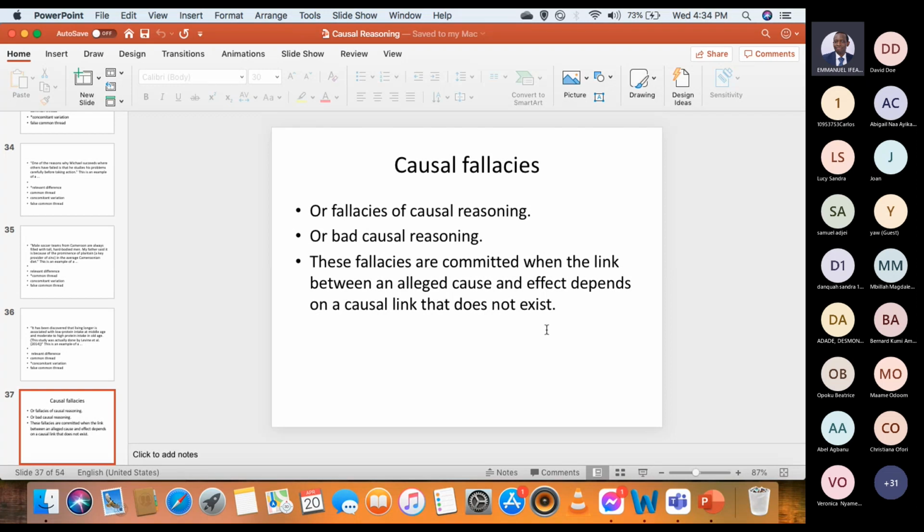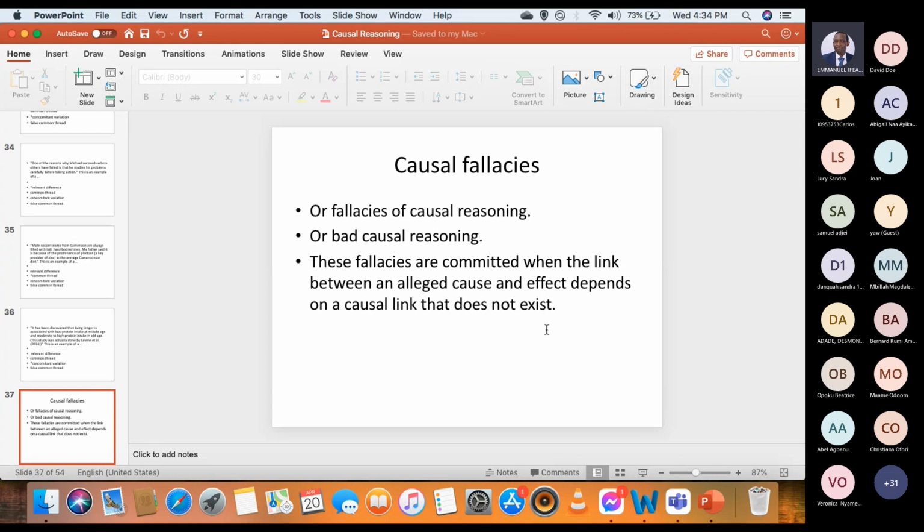Now, those are three of John Mill's five ways in which we reason informally about causes and effects. But there are certain ways we identify causes that we should not.